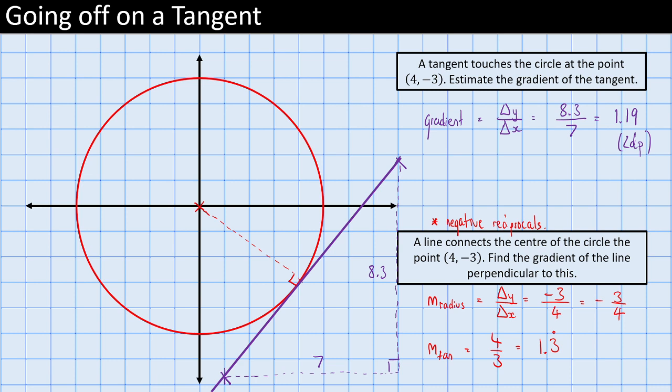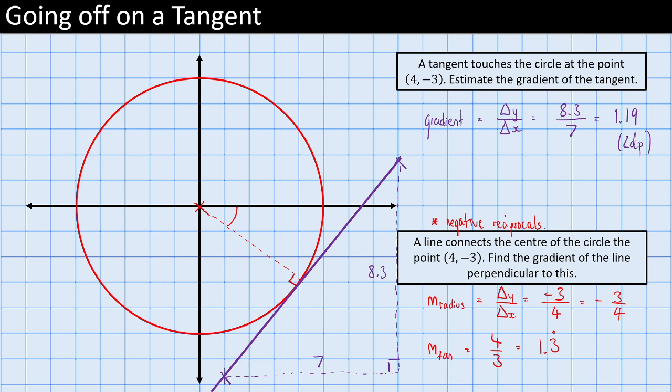If you're looking for a video on advanced trigonometry, I did one before, check it out. We might be asked to work out the angle between the radius and the x-axis, and again, that would just be trigonometry. Looking at how far you've gone down, how far you've gone across, you've got an opposite and an adjacent for us to be able to use tan.